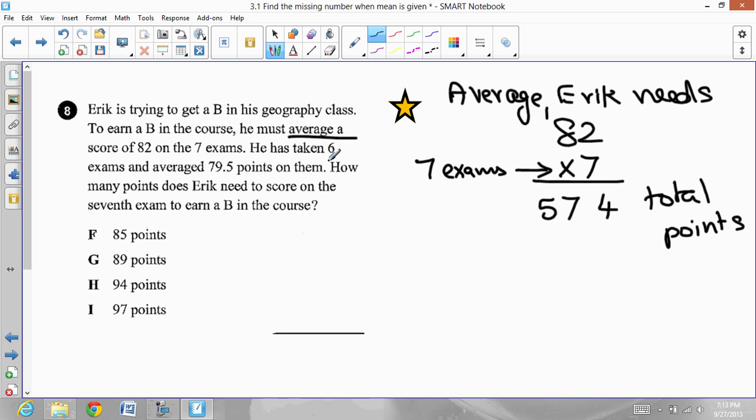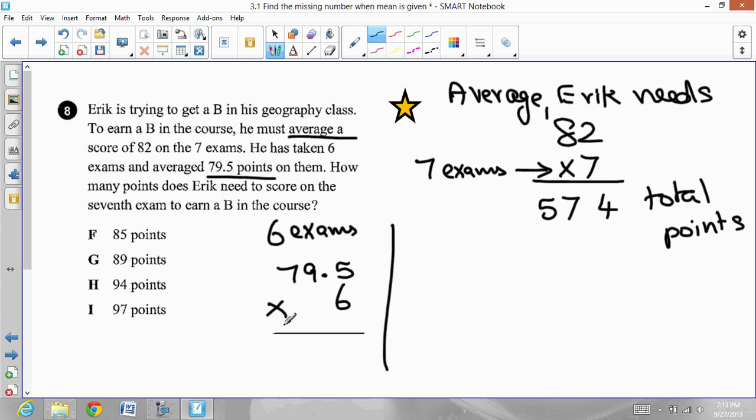Now he has taken 6 exams already and he averaged 79.5 points. So let's focus on the 6 exams which he took. He got 79.5 points, and that was for each of the 6 exams. So if you multiply that by 6, 6 times 5 is 30, 3 is a carryover, 9 times 6 is 54, 55, 56, 57. 7 times 6 is 42, 42 plus 5 is 47.